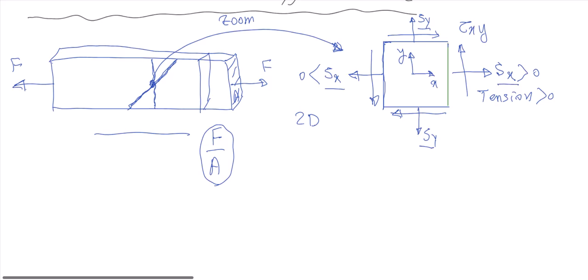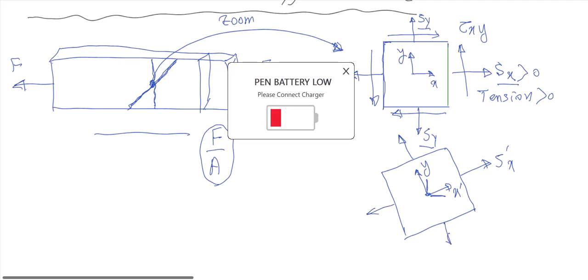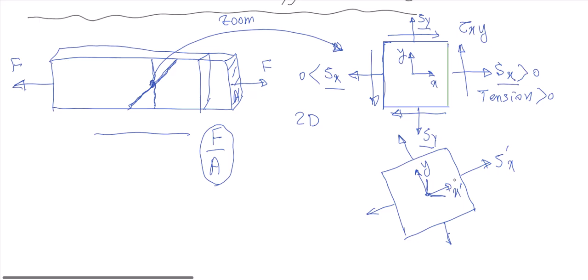And therefore, we would like to see, if I rotate this element, roughly sketched here, to have x prime, y prime, which is obviously rotated with reference to the initial xy by theta, what would be my normal stresses, and what would be my shear stresses?